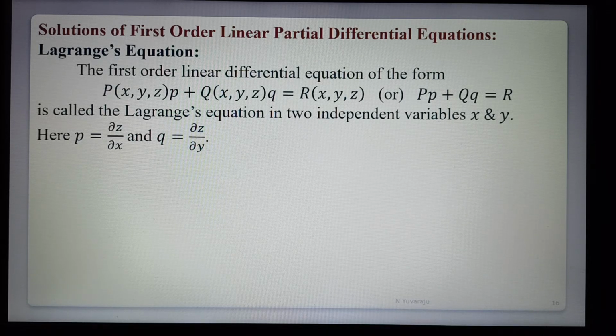This form is called Lagrange's partial differential equation.